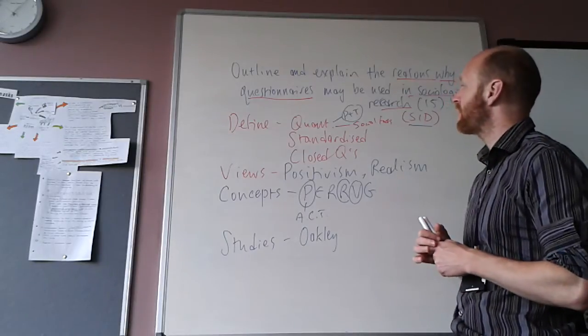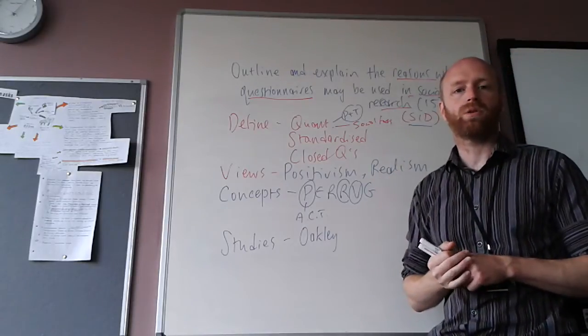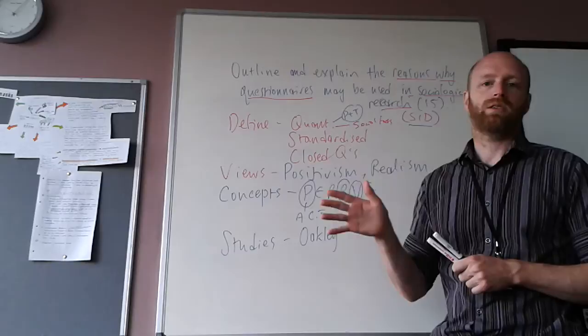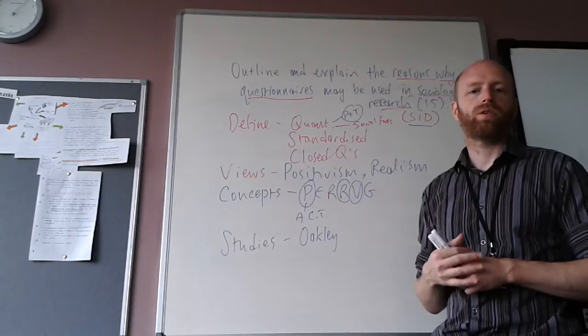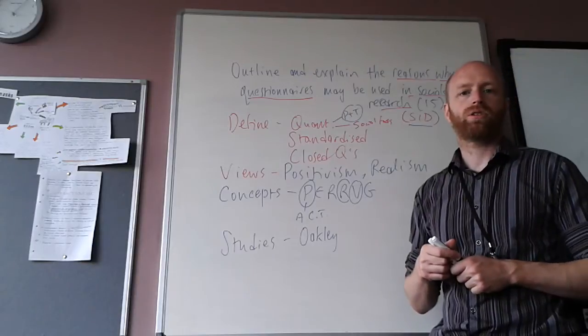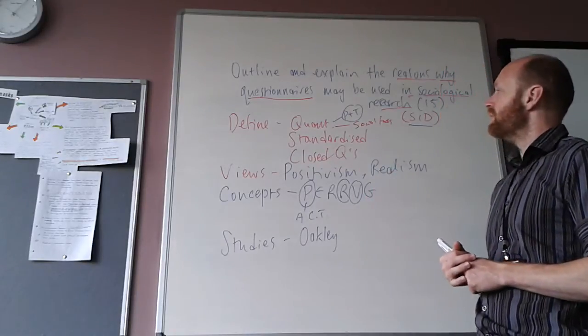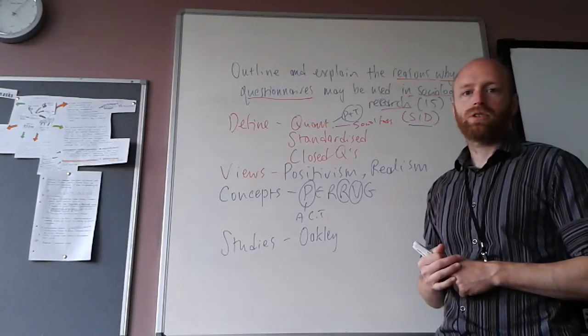So for example, the pay gap could be measured with questionnaires between genders to establish over time whether that has changed. We could repeat questionnaires over a longer time period using a longitudinal approach to establish whether the pay gap has changed over time.